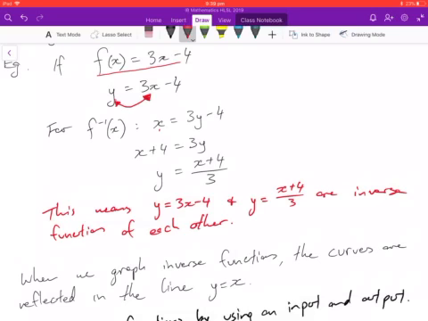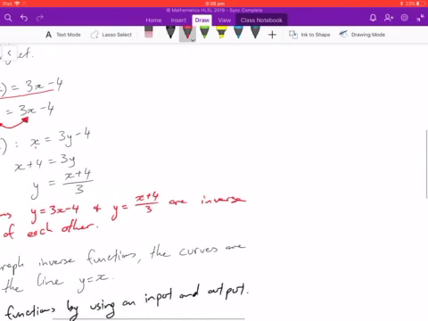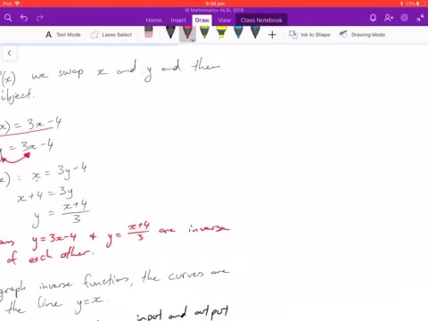Now this means that y equals 3x minus 4 and y equals x plus 4 over 3 are inverses. Now let me just go over here and illustrate this point of the composite function. So I've got f of x is equal to 3x minus 4. F inverse of x is equal to x plus 4 over 3.